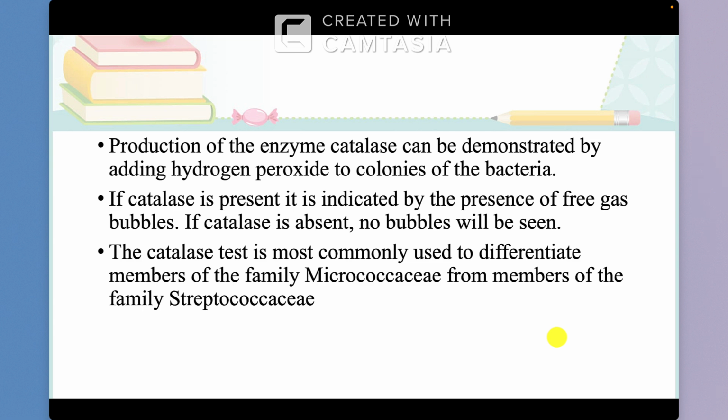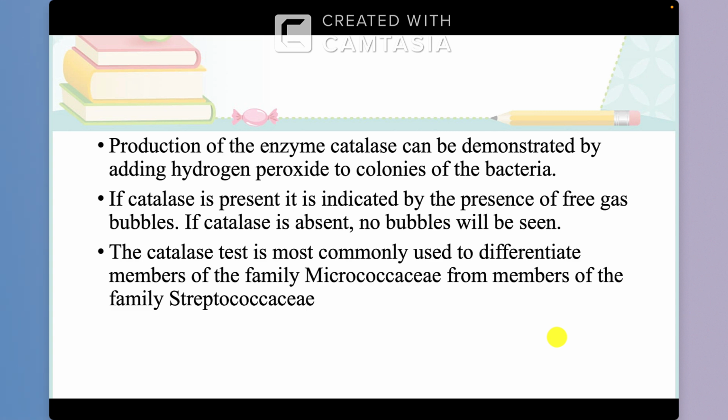So, as I said, it is one of the tests to differentiate between Streptococcus, which is negative in the catalase test and does not produce catalase, and Staphylococcus, which produces catalase, so it is positive.